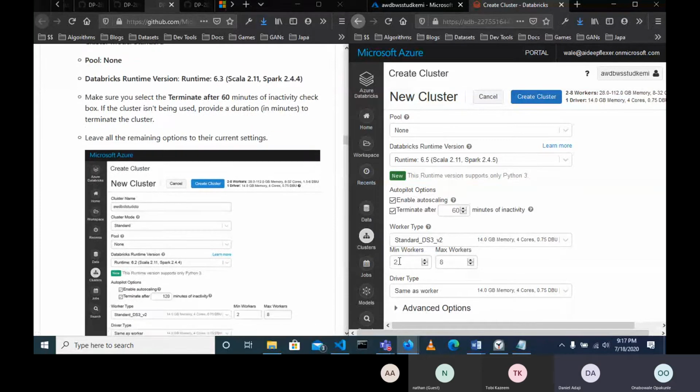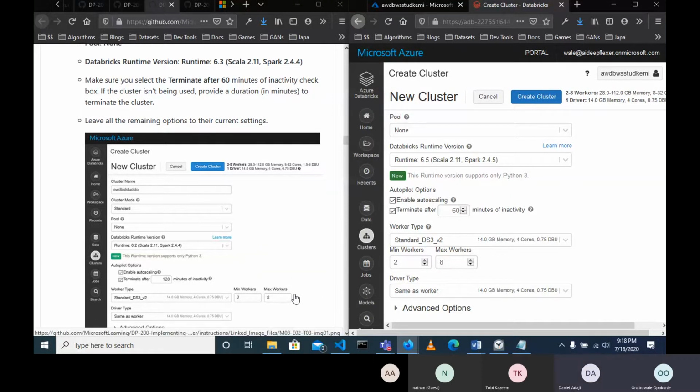Okay, so remember this was what I was talking about. These are workers. These are the virtual machines that will actually do the computational work that you want.